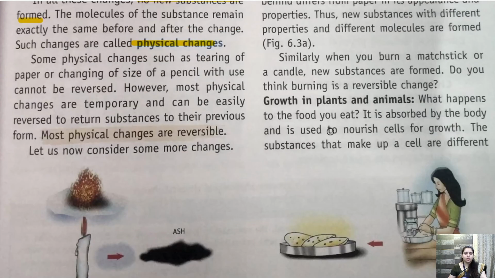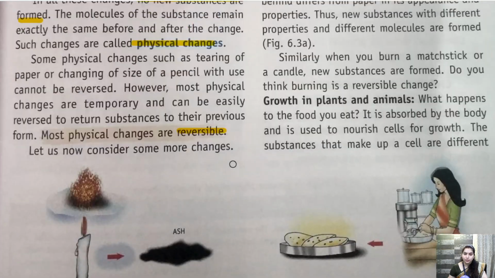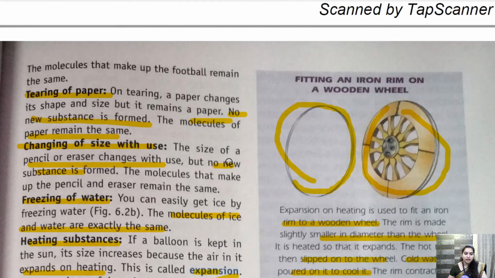We should also see that most of the examples that we have seen are reversible in nature. Kicking of a football is reversible. Tearing of paper is not reversible, it is irreversible in nature.